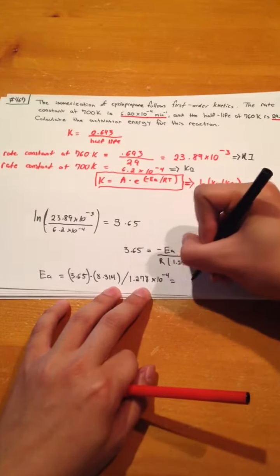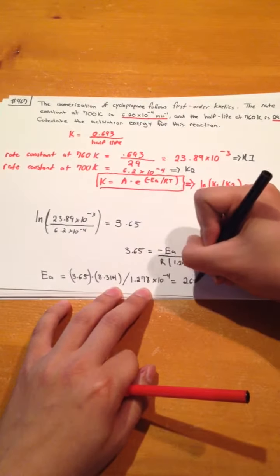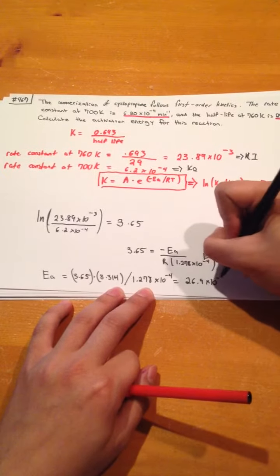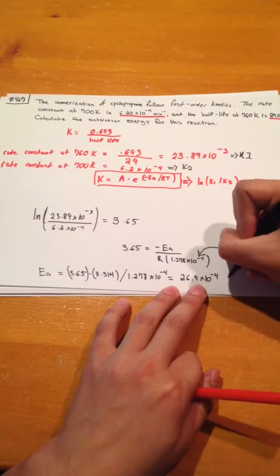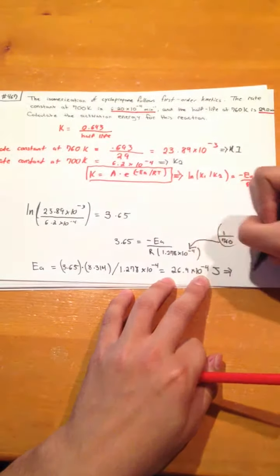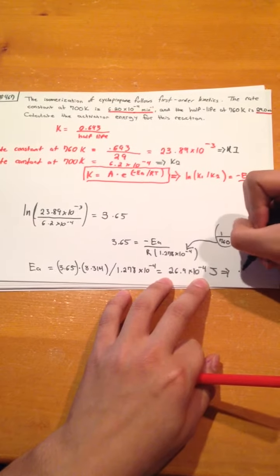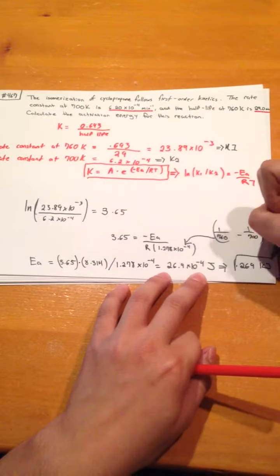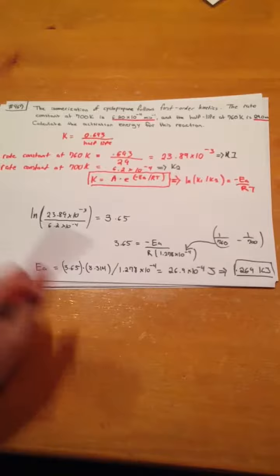And that's going to equal, if you put it in the calculator, 26.9 times 10 to the negative 4 joules. But we're going to make that kilojoules, that's what they're asking for, and that's going to be 0.269 kilojoules, or of course as they have it, 2.7.